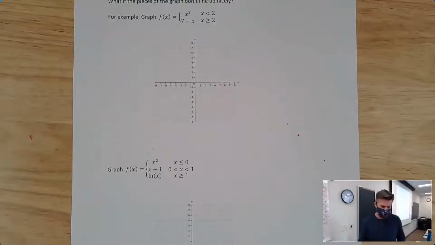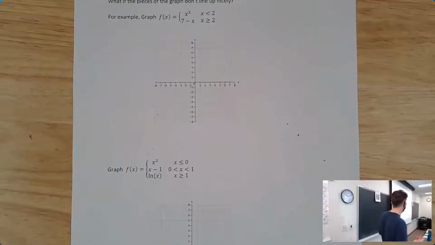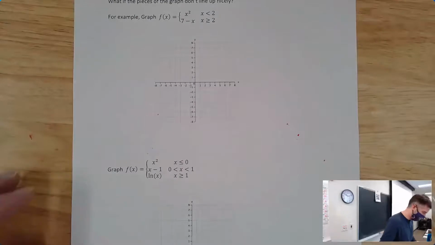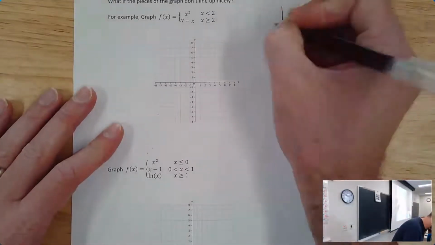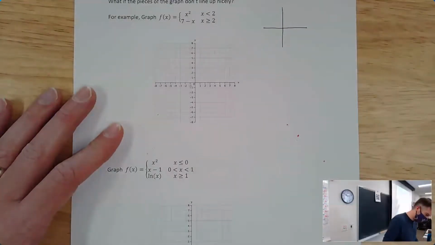So this graph is just very slightly different. Instead of having y equals x squared plus 1, now it's just the regular nice parent graph y equals x squared. So we can, although you don't have to, draw the pieces separately. Over here, I'm going to draw y equals x squared.